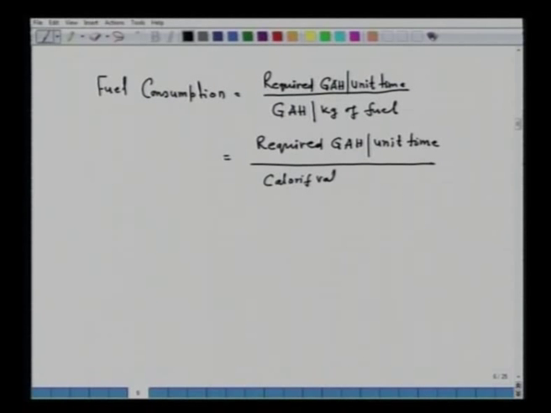The calorific value, in bracket CV, minus heat to POC.